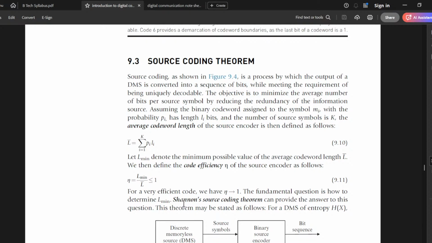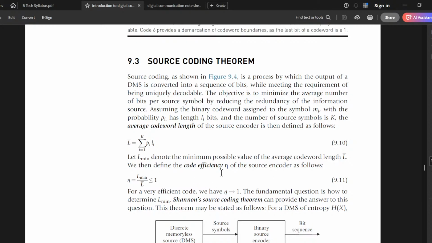Let L minimum denote the minimum possible value of average code length.